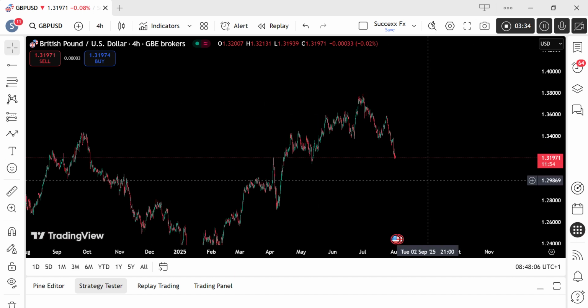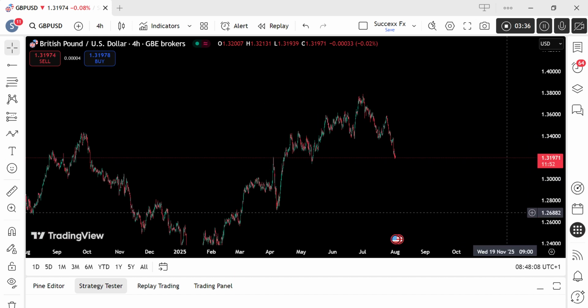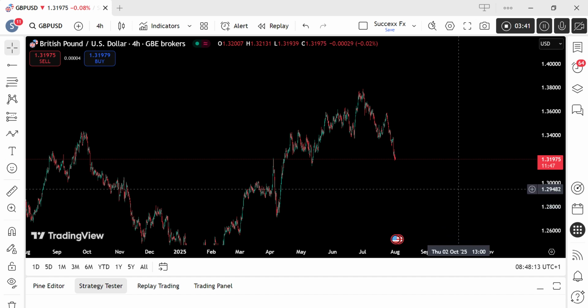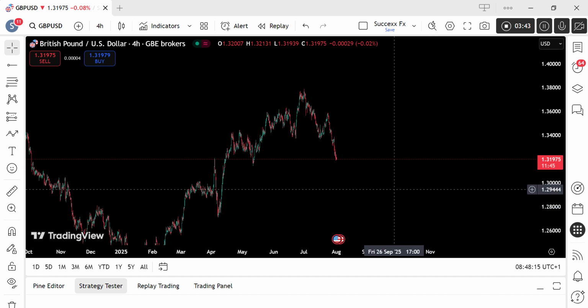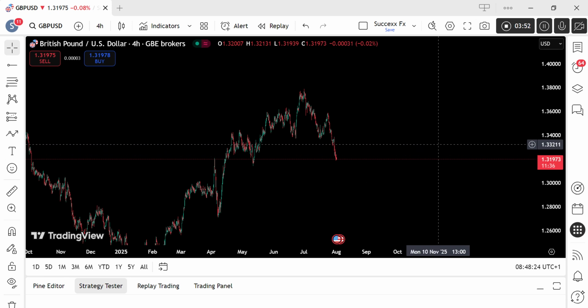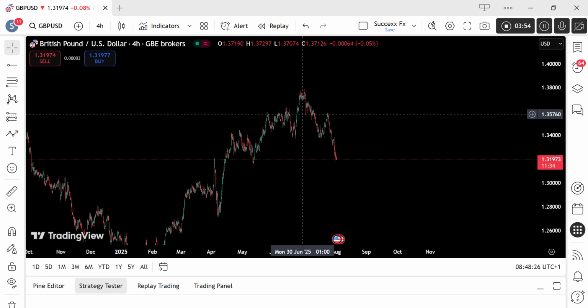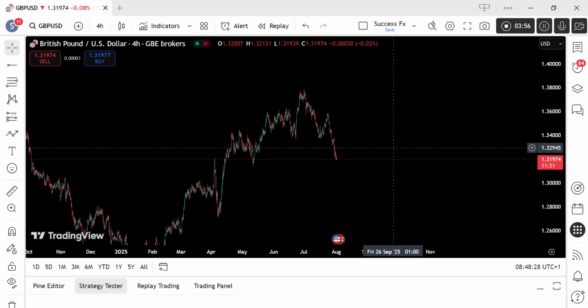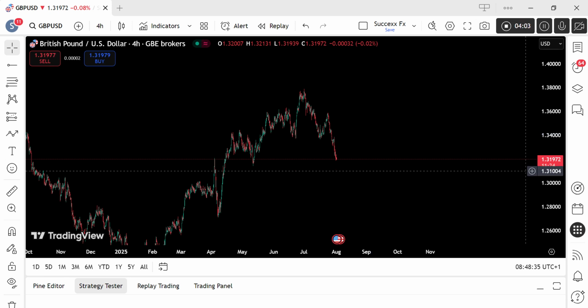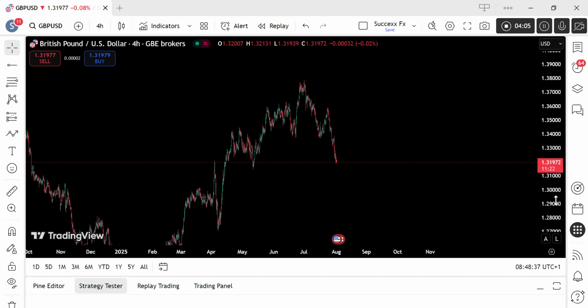Whenever you see the head and shoulder pattern, you can be 90% sure that price is reversing, especially when it's happening on a higher time frame, either the 4 hour, the daily, or the weekly. So whenever you see the head and shoulder pattern, you can be sure to a large extent, 90% of the time, that price is about to reverse.